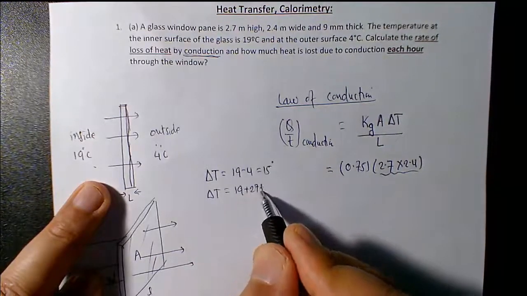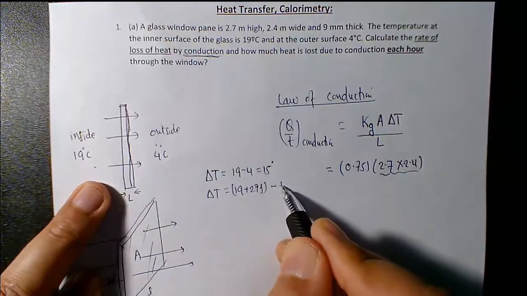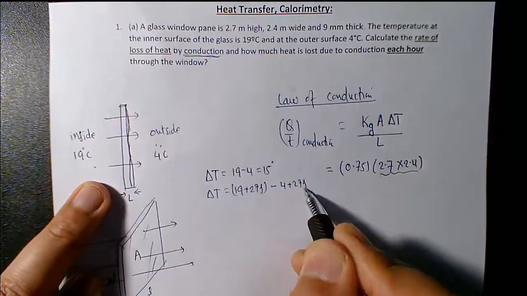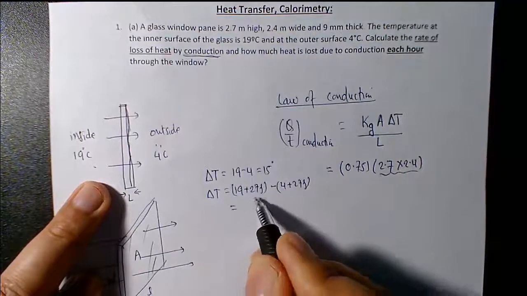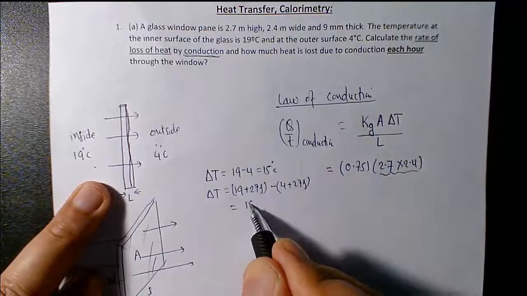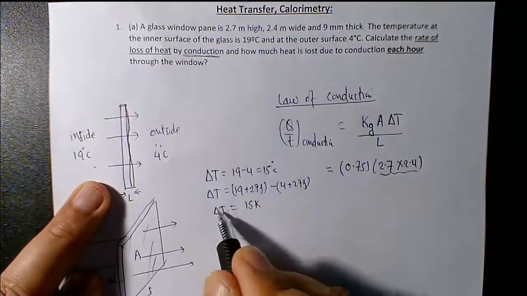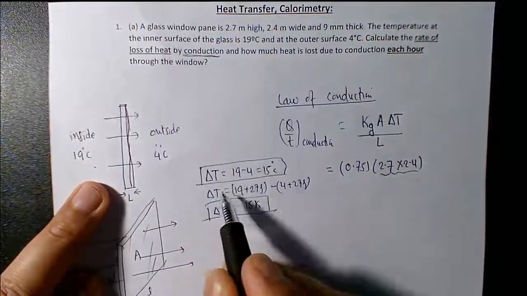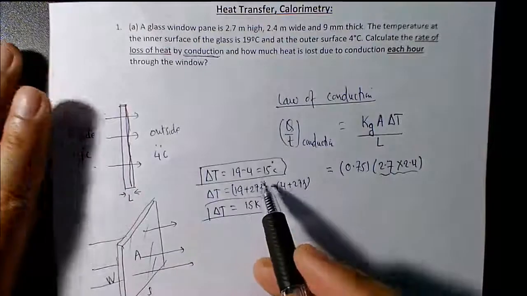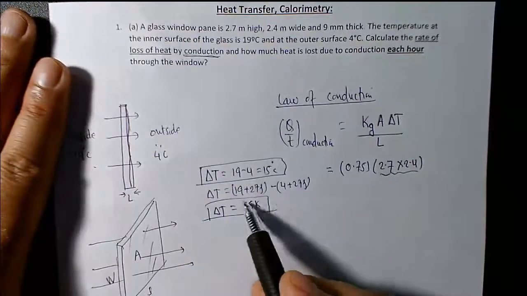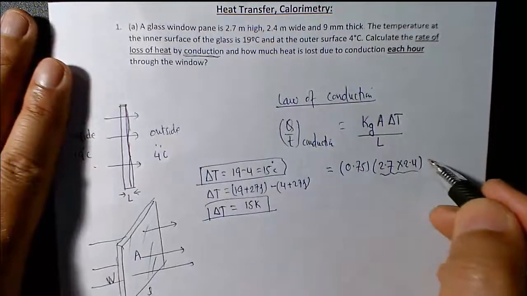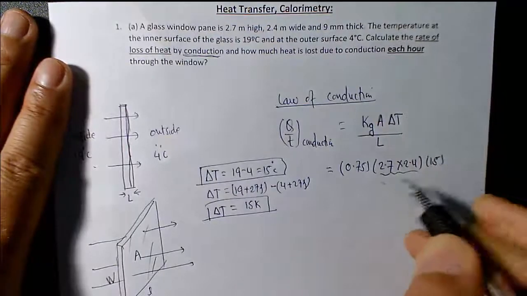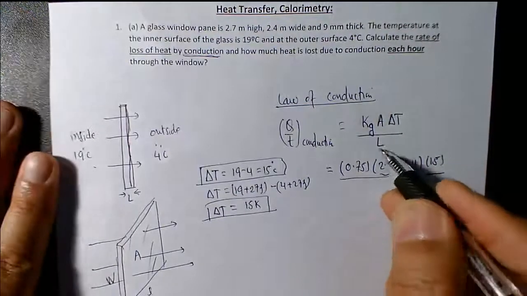In both you're adding 273 anyway, so the difference will be 15 degrees in both. So when you calculate the change in temperature, you can keep it in Celsius or Kelvin. The difference will be 15 degrees, divided by length, meaning thickness.